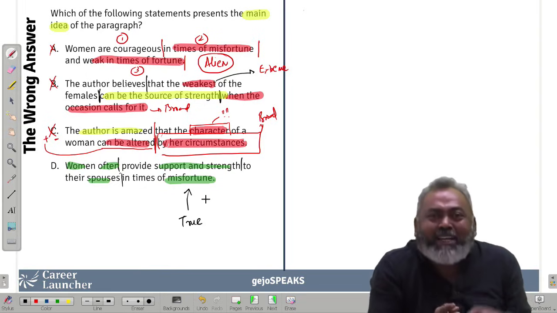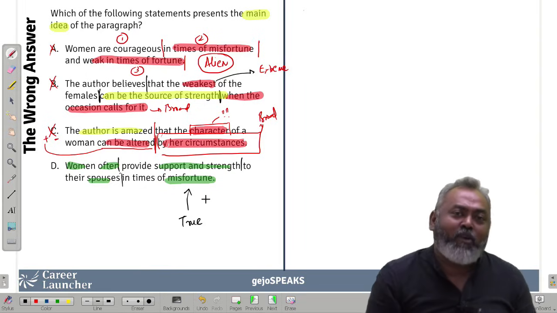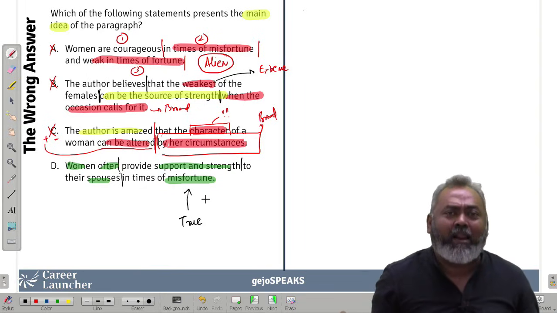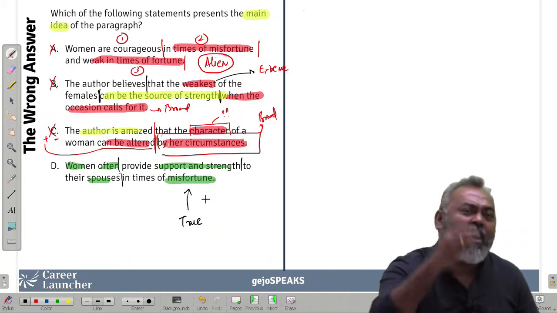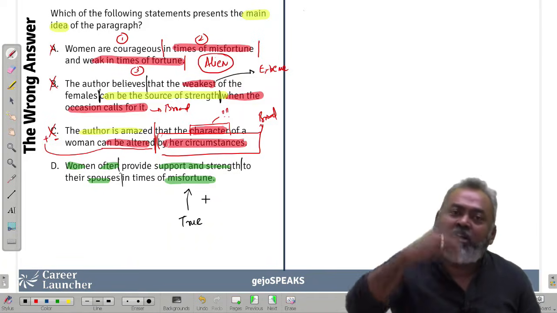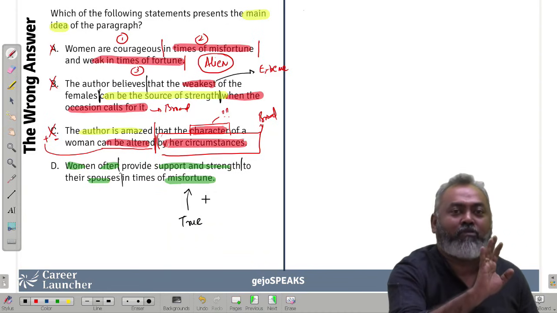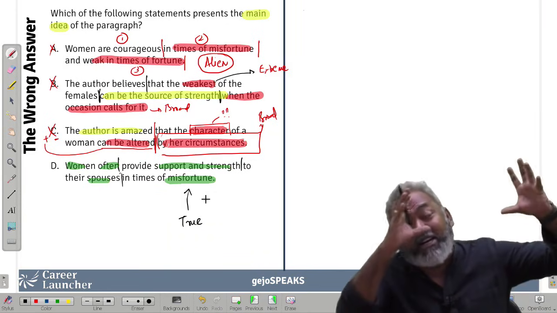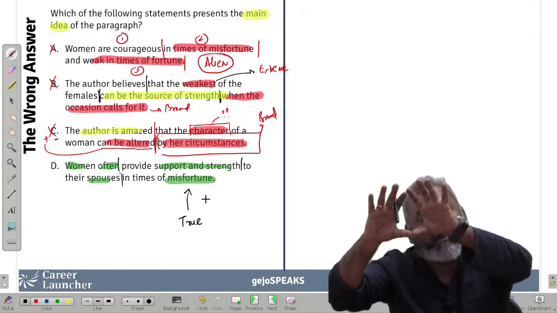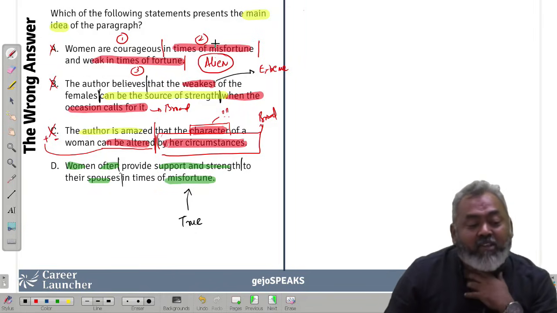This doesn't look like a main idea. This is like one part of the whole paragraph. I don't care. All I care about for sure is A can't be the answer, B can't be the answer, C can't be the answer, D is true. If D had been the first answer choice, what I would have done is, okay, I don't find any problem in this, I'll keep it on hold and I will evaluate the rest.